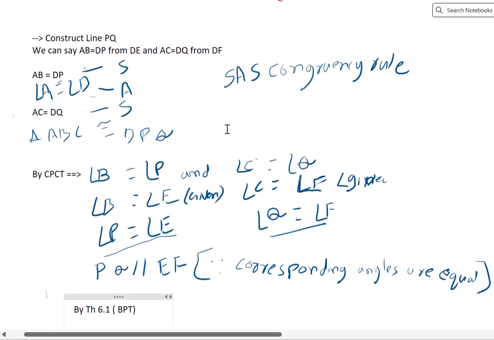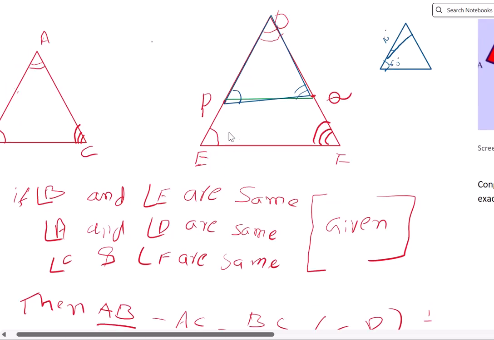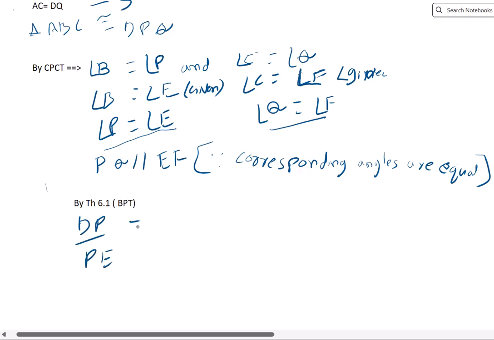So by BPT, what we can write: DP upon PE is equal to DQ upon QF.